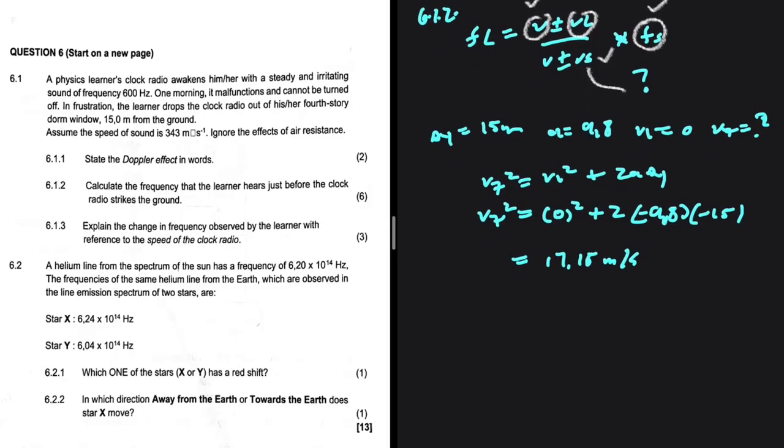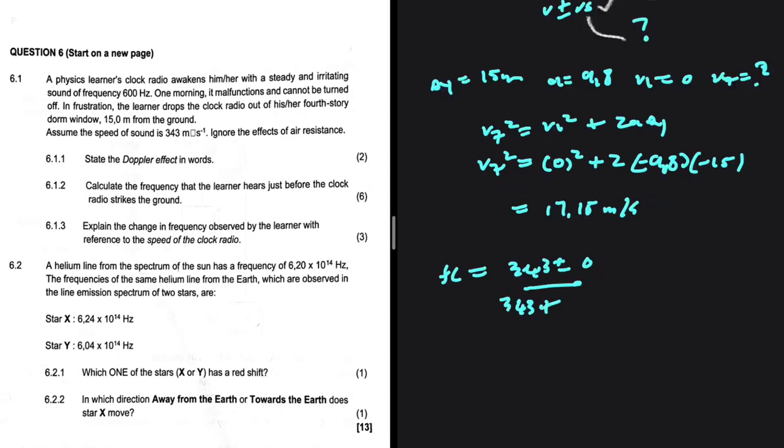So we can go ahead and substitute now. FL equals 343 plus or minus 0 divided by 343 plus the velocity of the source. The source is moving away, so we're supposed to have a plus sign on the denominator.